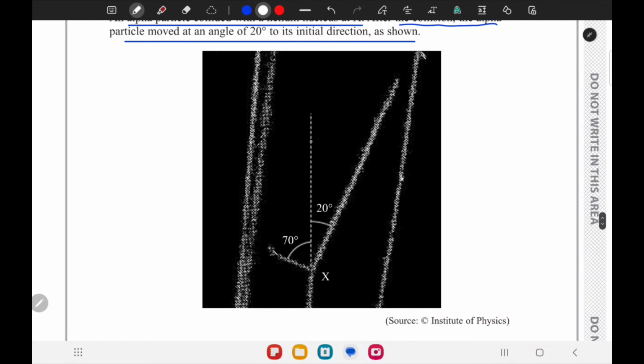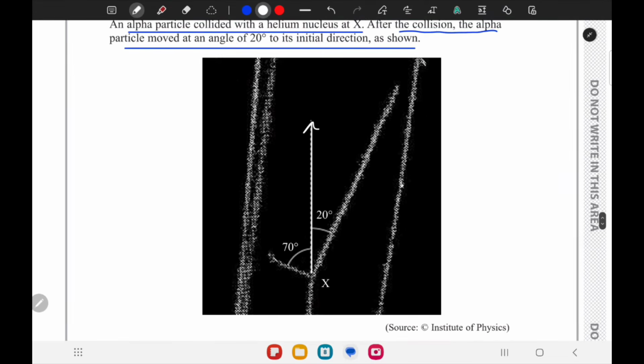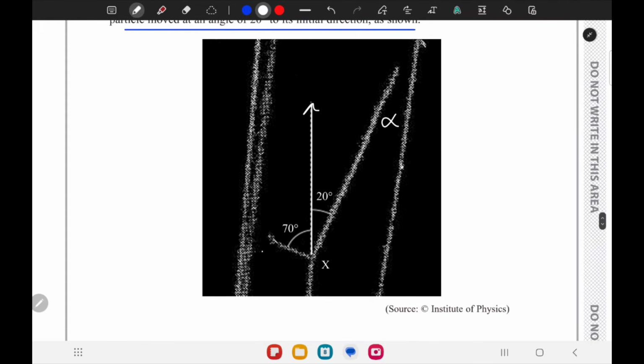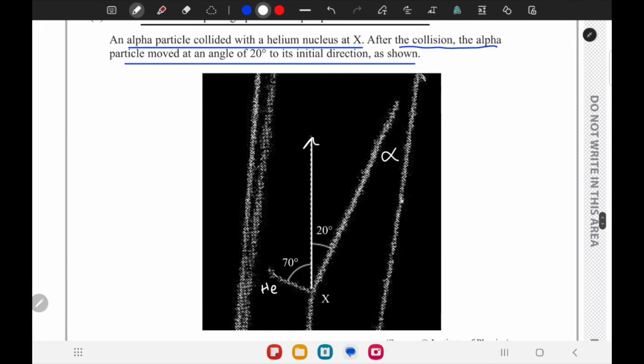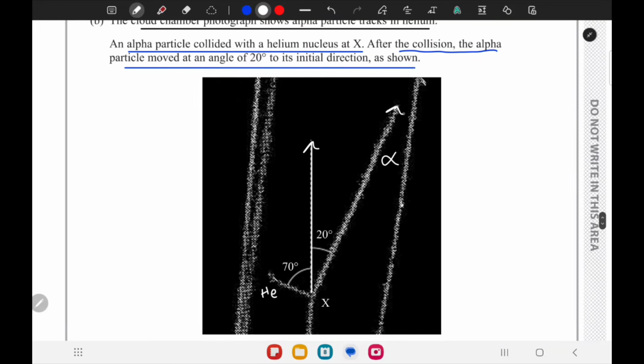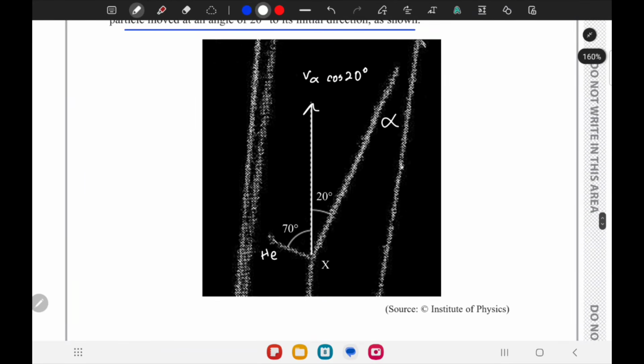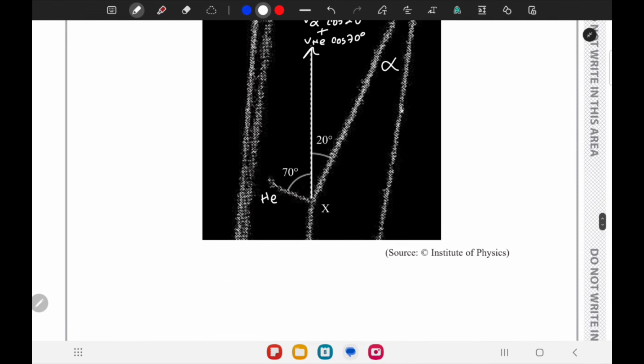So if we break this down, this is the track for the alpha particle, this is the track for the helium. So this is V alpha cos 20 and V helium cos 70 degrees.